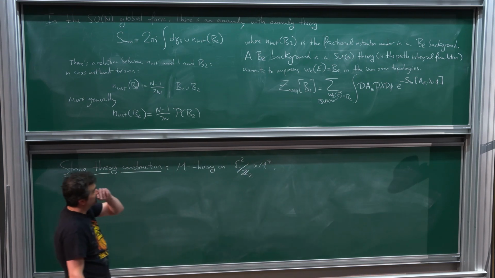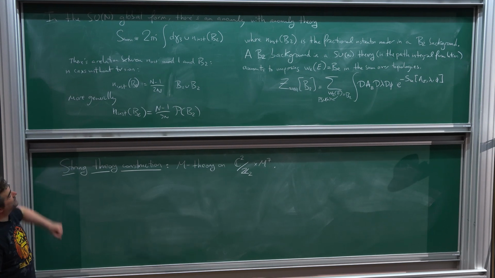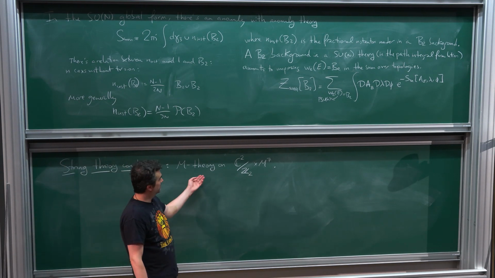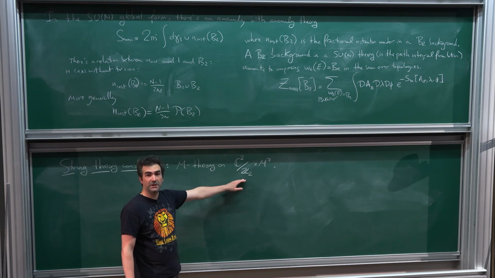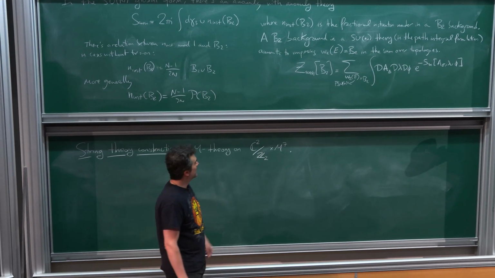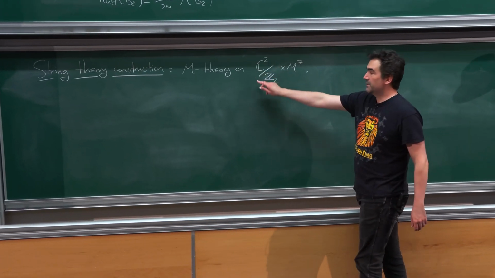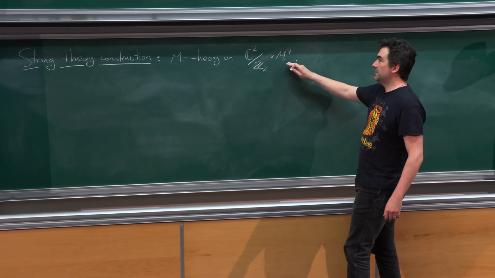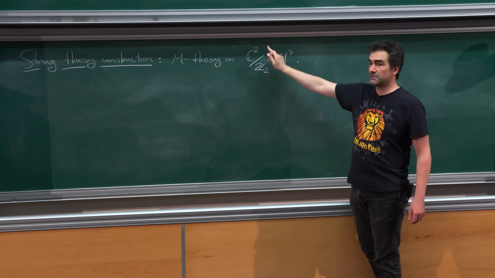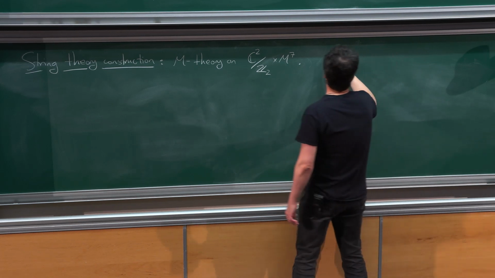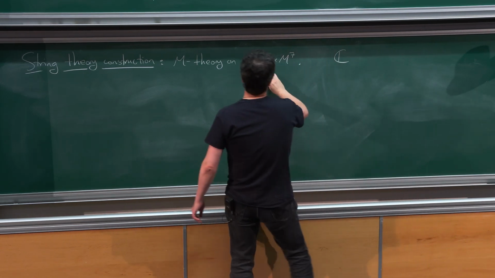If I want to understand this N=1 theory in 7 dimensions on some 7-manifold, the thing I can use is M theory on this specific space, which is singular, times M7. The interesting things will happen in here. The field theory lives here, but all that data comes from the geometry of this orbifold. Oops, sorry, it should be Z_N.